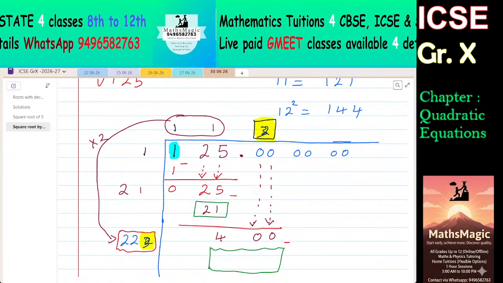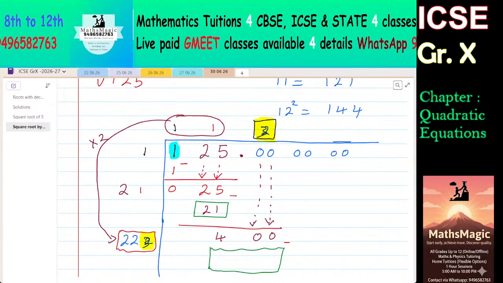And you can continue to the third decimal place.